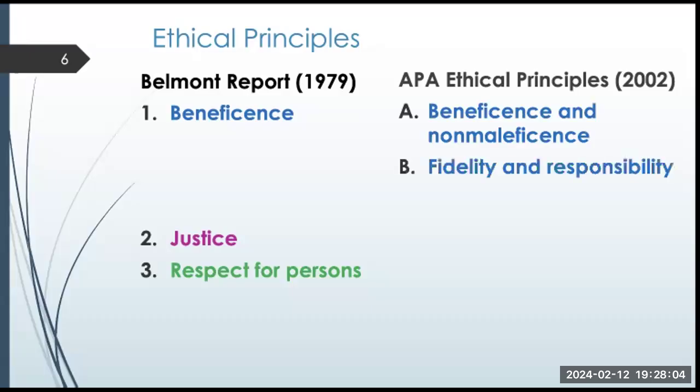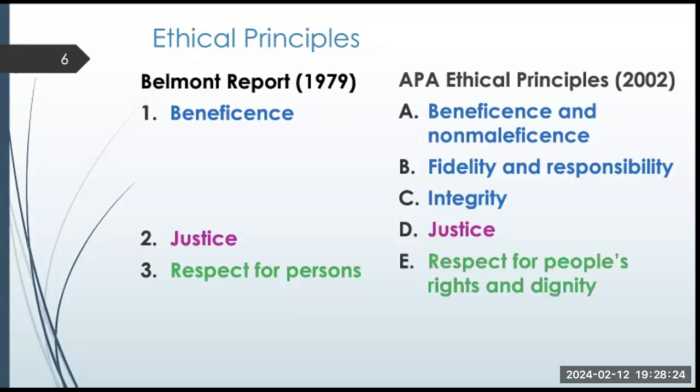Fidelity and responsibility is another APA principle, and that also falls under beneficence. Integrity also falls under beneficence. I'll talk about each one by itself. APA ethical principles also has justice, which maps onto the justice part. And the fifth principle is respect for people's rights and dignity, which maps onto respect for persons.